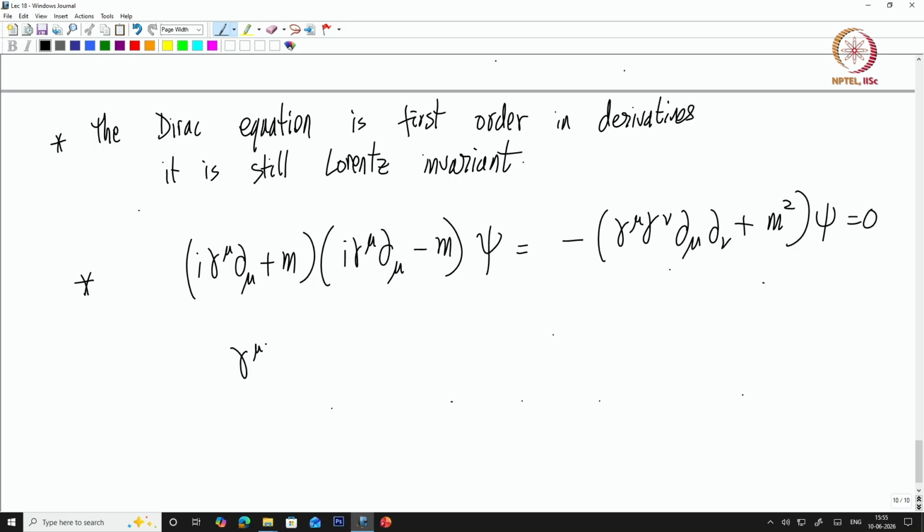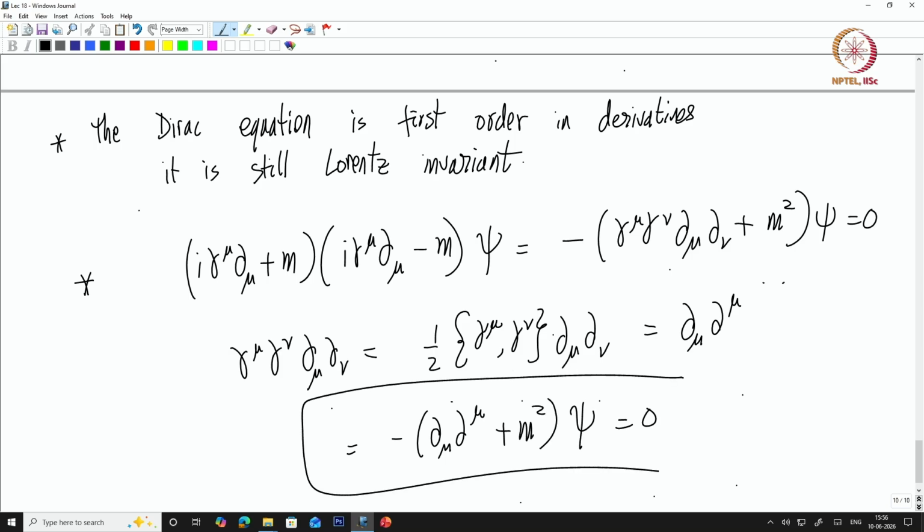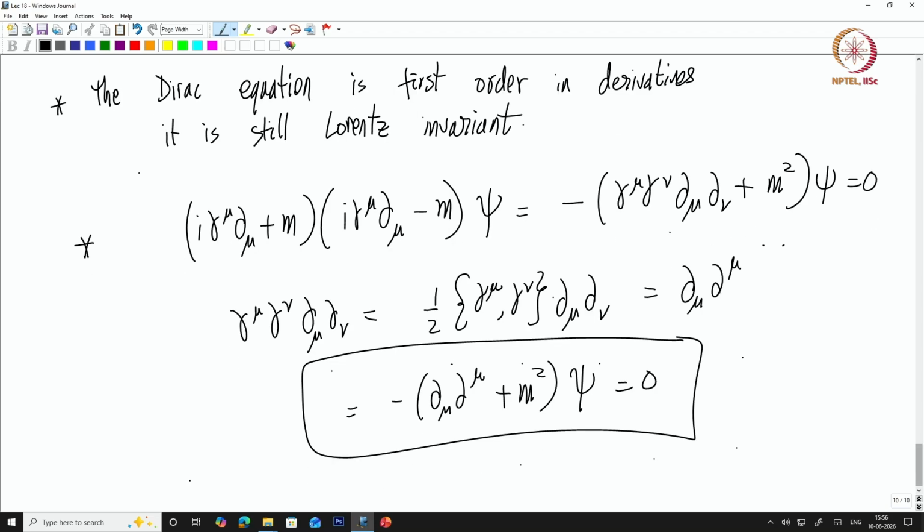But gamma mu gamma nu del mu del nu is equal to half of gamma mu gamma nu del mu del nu, which is nothing but del mu del mu. So, essentially what we get is a familiar equation from the scalar field theory. This is nothing but the Klein-Gordon equation.